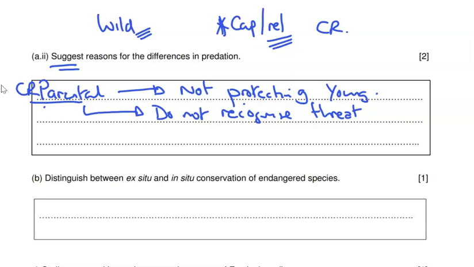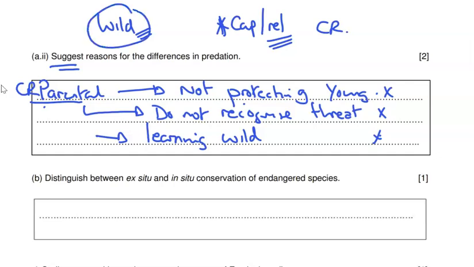So what we've got here is an issue with, and you may have referred to this as one of your suggested reasonings, that learning about the wild environment has been deprived to the captive bred marmots. Now, in constructing your answers, you may have taken these particular points and reversed them to emphasize the advantage that the wild population had. So that's acceptable, of course, but we're looking for 2 to get the 2 marks.